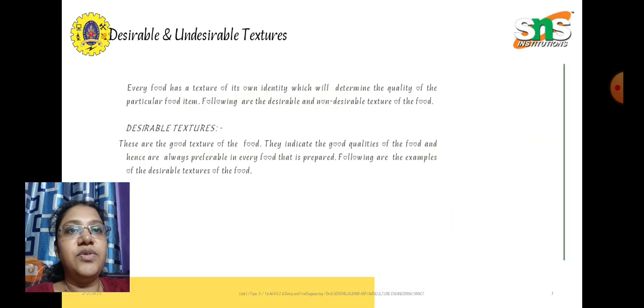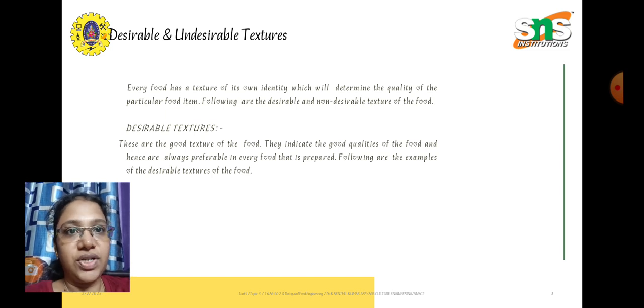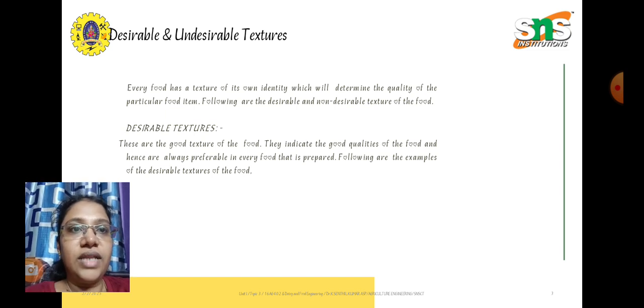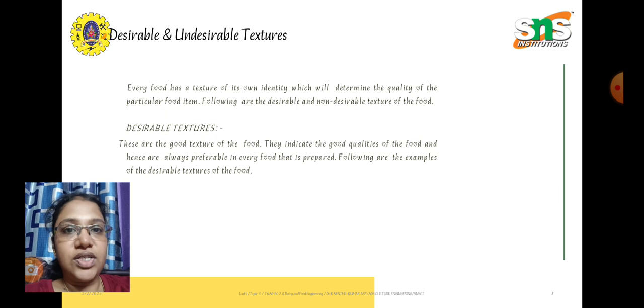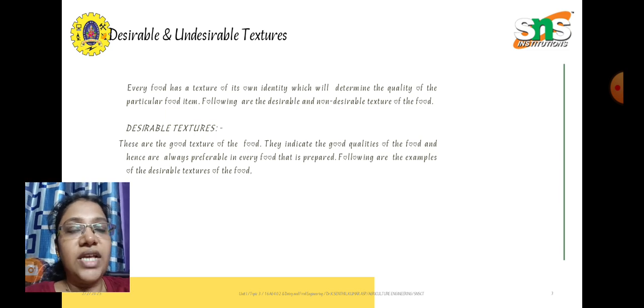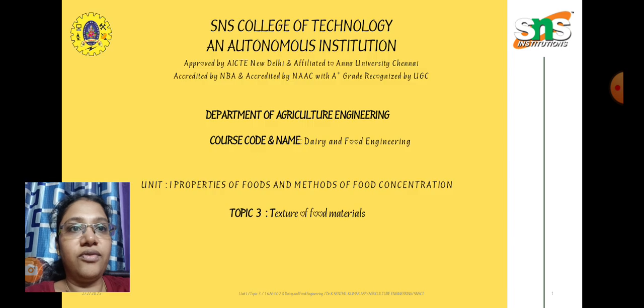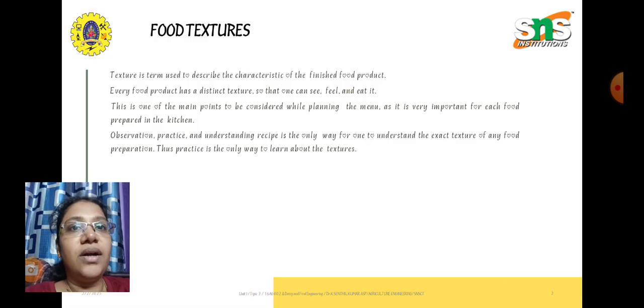Coming to the types of texture, we are categorizing into desirable and undesirable textures. Whatever food that we consume has its own identity, so based on that, we can determine the quality of the particular food item.